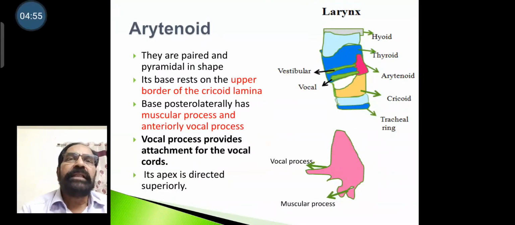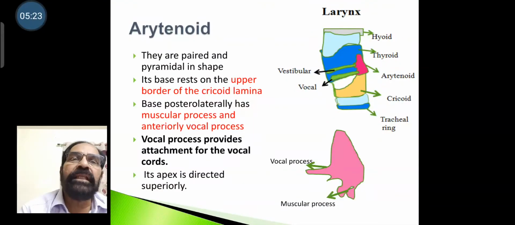Then we go to important paired cartilage, arytenoid. Arytenoids are paired and they are pyramidal in shape. You can see they are resting on the upper border of cricoid lamina. Base extends posterolaterally and has a muscular process and anteriorly a vocal process.